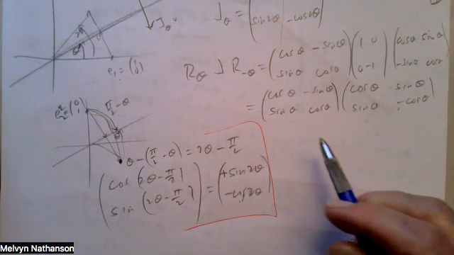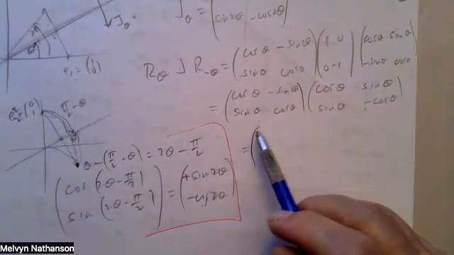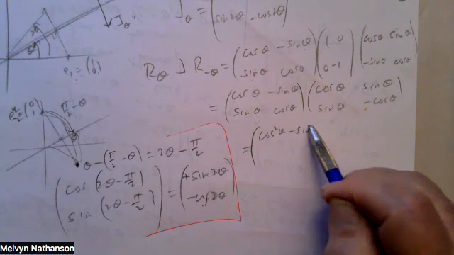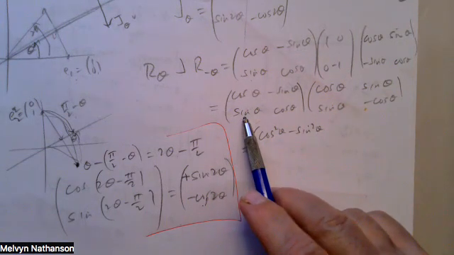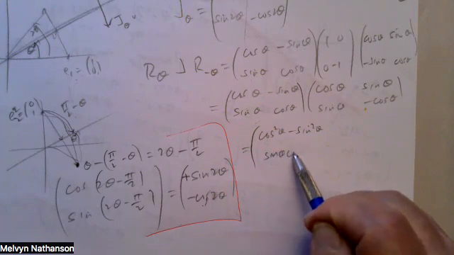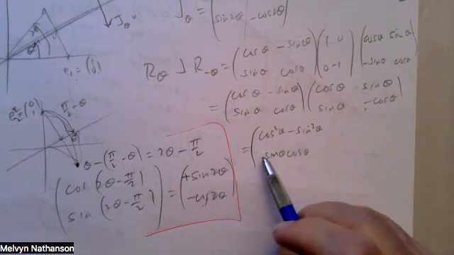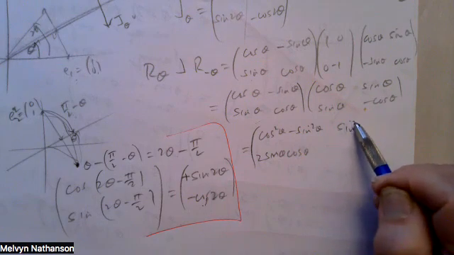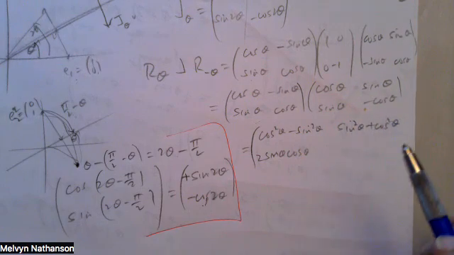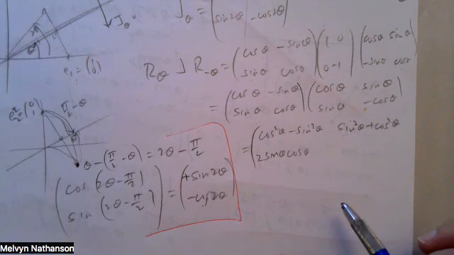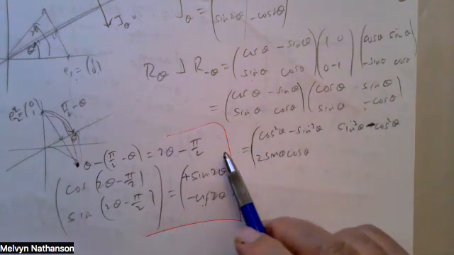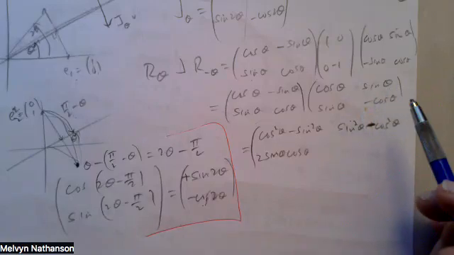And when I multiply these two matrices together, I get cosine squared theta minus sine squared theta, then sine theta cosine theta plus another sine theta cosine theta makes that 2. Sorry, let me do this right.